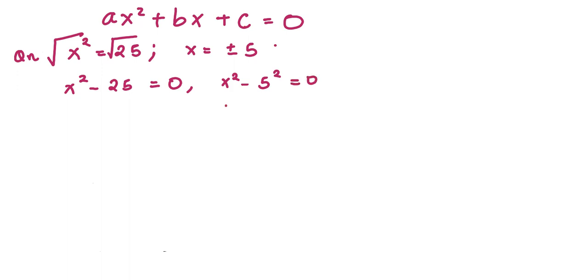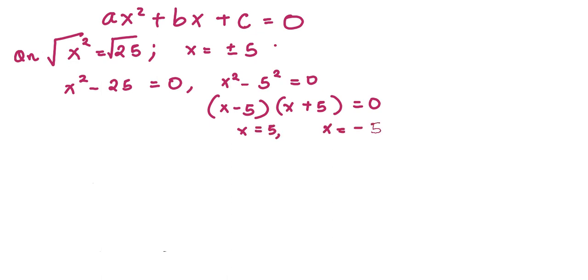Difference of two squares: one bracket with a negative sign and another with a positive sign. Either bracket can be equated to 0 and you end up having your answer as 5 and your other answer as negative 5. So you can choose the way that makes life easy for you and then you solve.